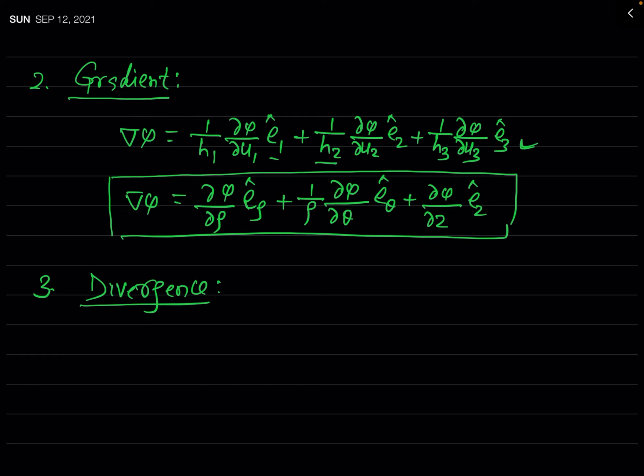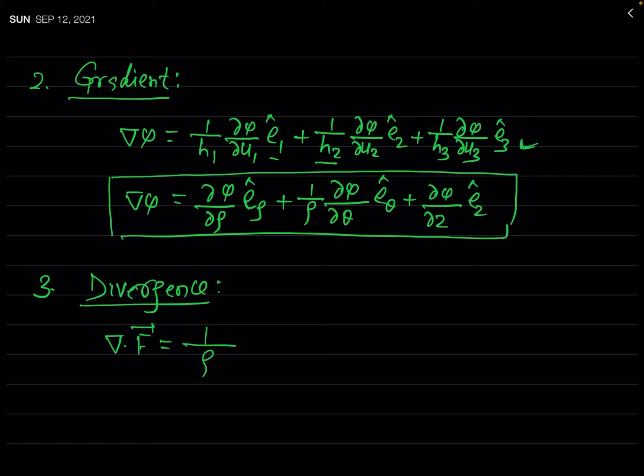Let us consider a vector function F. The divergence of F is denoted by del dot F, and this will be 1 over h1 h2 h3, where h1 is 1, h2 is rho, and h3 is 1.